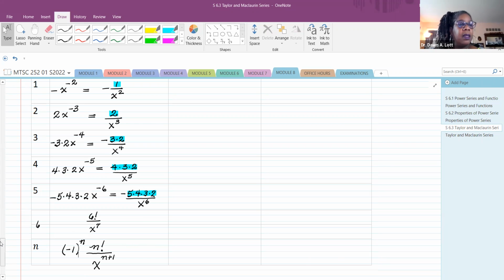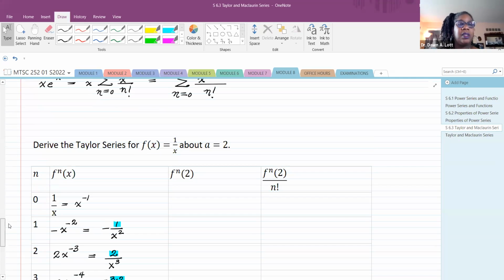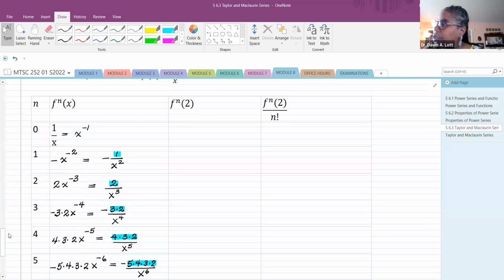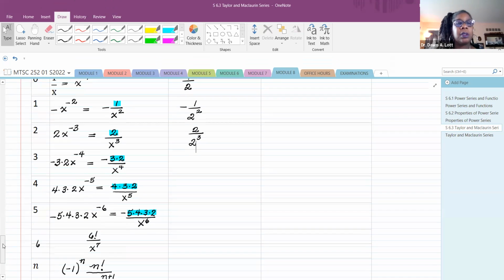Now let's evaluate this thing at 2. So this one is 1/2. This one is negative 1 over 2 squared. This one is 2 over 2 cubed. Remember, don't multiply anything out. The formula will get messed up if you can't see the formula.